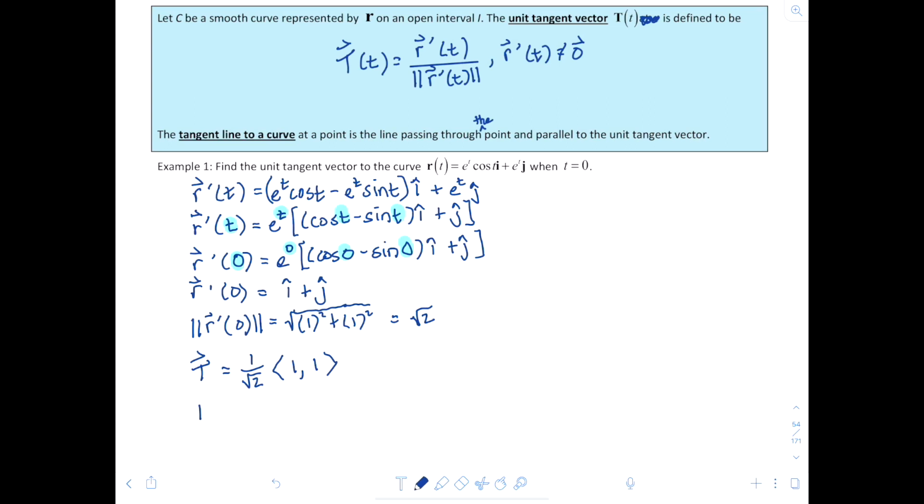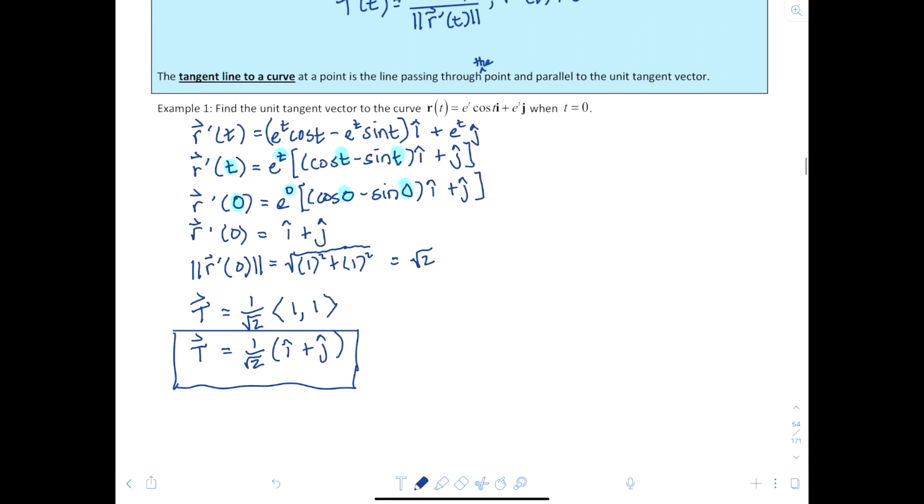Or, in terms of i and j, we would have 1 over root 2 times i plus j. Cool, cool? And since it was given in terms of i and j, we'll go ahead and keep it in terms of that.